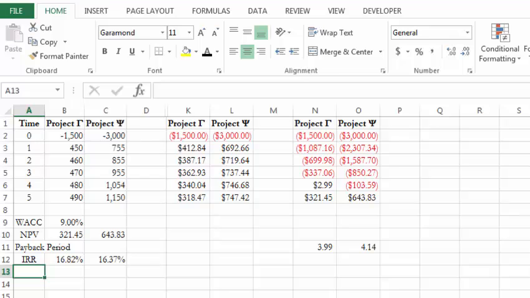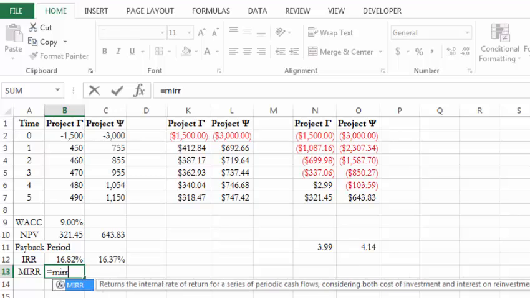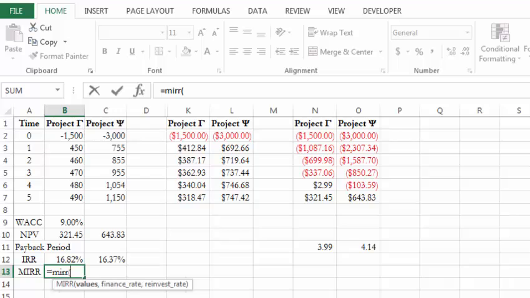So let me show you how to do MIRR in Excel. MIRR is equal to MIRR, yeah, you guessed it. And in this instance, we're going to grab our numbers, and we're going to include cash flows at time 0.